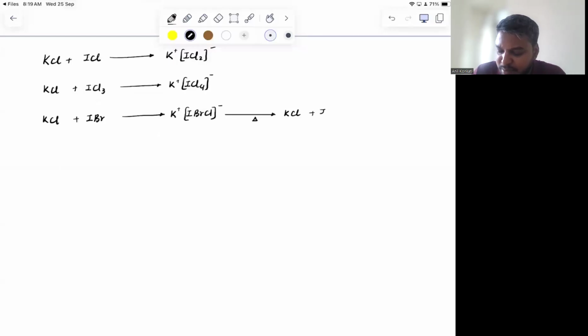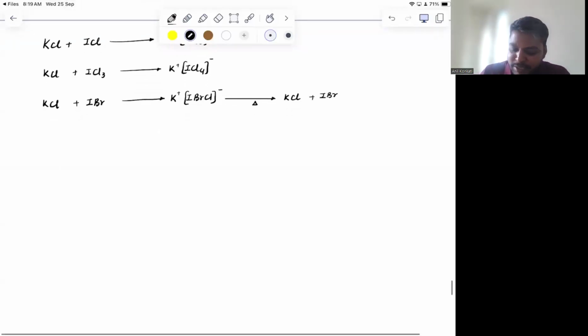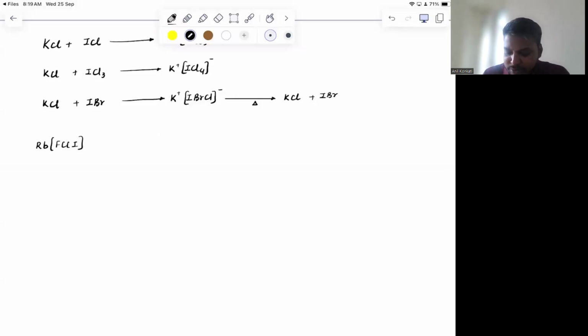And the rest will become IBr. Along the same lines, if any compound is given to you, say RbF, ICl is an interhalogen, and on heating I'll definitely get RbF as the major product and ICl will be formed. Okay, so this is important.